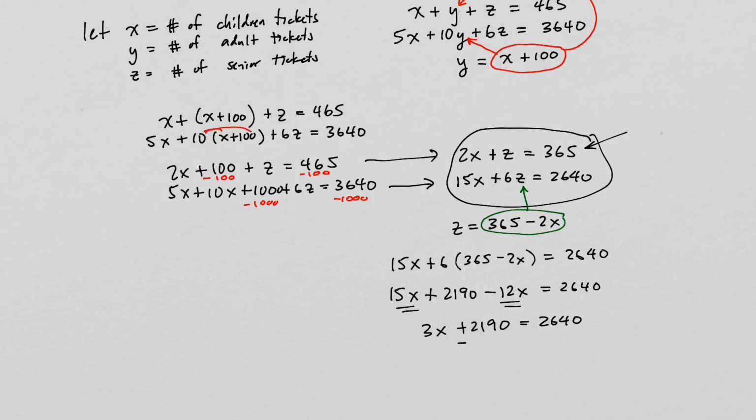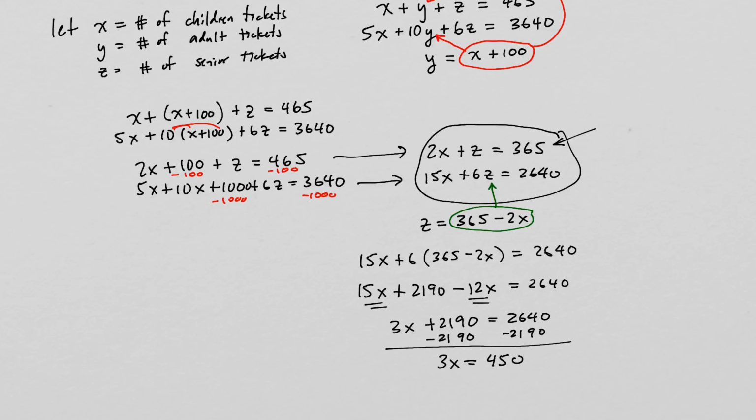And then I'll subtract 2190 from both sides. And this gives us 3x is equal to 450. And finally, dividing by 3, we get x equals 150.